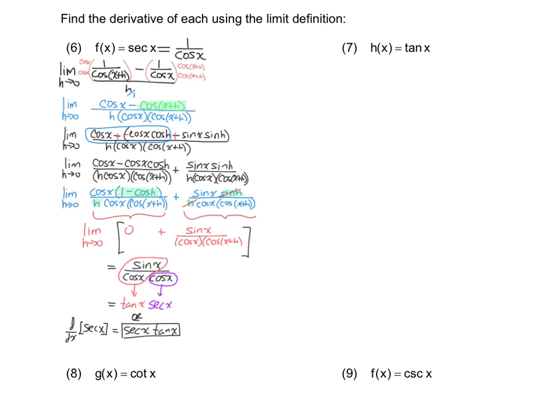Now, we learned something yesterday that allows us to get the answer for the derivative of cosecant immediately without doing any of this. All right. So let's go back to what I have on the board. We know that the derivative of sine is cosine, and we know that the derivative of cosine is negative sine.